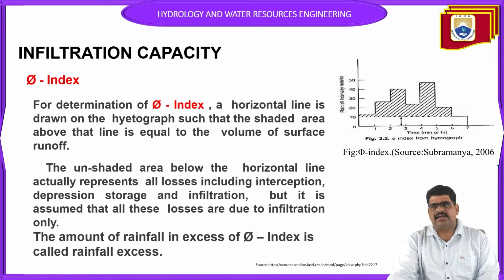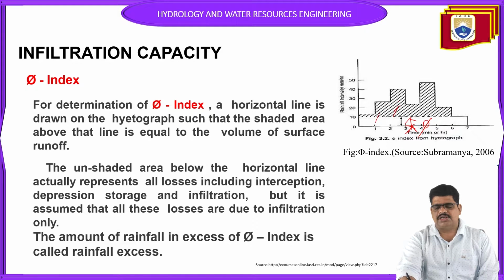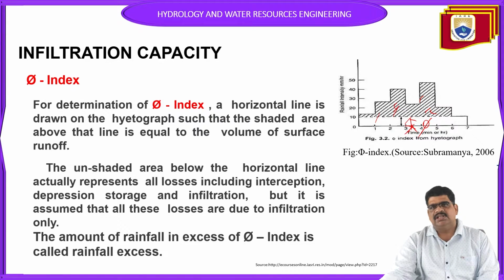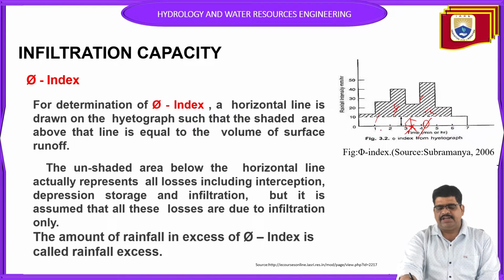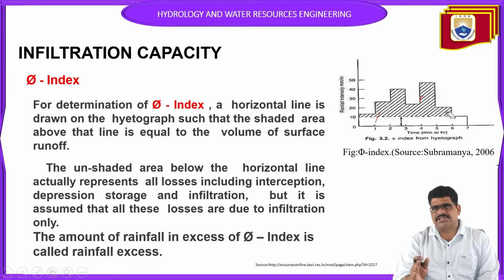From this, the bottom unshaded portion we call the Phi index, and the shaded portion above it we call rainfall excess. For determination of the Phi index, a horizontal line is drawn on the hyetograph. The difference between hydrograph and hyetograph will be discussed later. In the hyetograph, we have the time duration on the x-axis and the rainfall intensity on the y-axis.